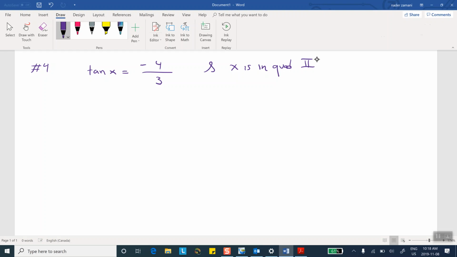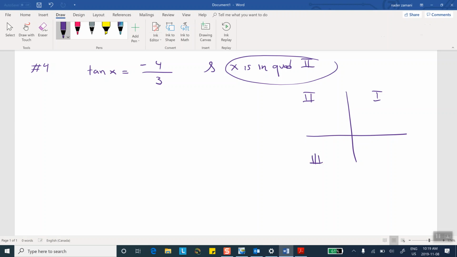So first of all, what does this tell us? If you're in quadrant 2, this is quadrant 1, quadrant 2, 3, and 4. Notice in quadrant 2, sine of x is positive and cosine of x is negative. So just remember that.